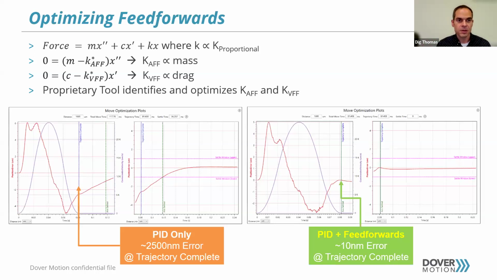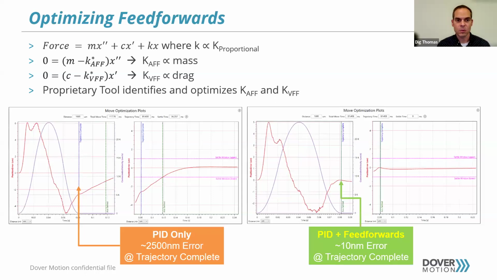If you know what those values are, and most people know what their payload is, you can, for all intents and purposes, cancel that out in terms of what the PID loop would see. Imagine you can do your theoretical calculations of how much force I need to move my mass, and how much viscous friction or drag I need to compensate for.